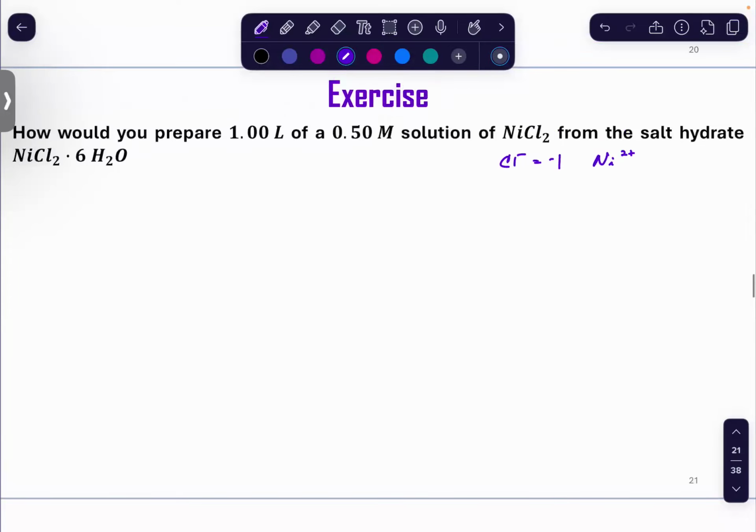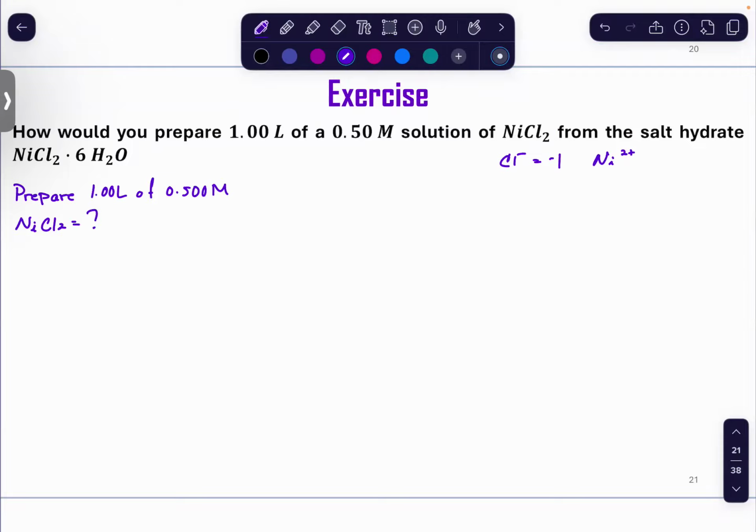All right, so remember, we want to state what we're being asked. And then let's see some things that we know. The volume we're after, 1 liter.